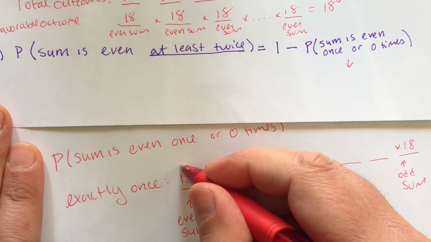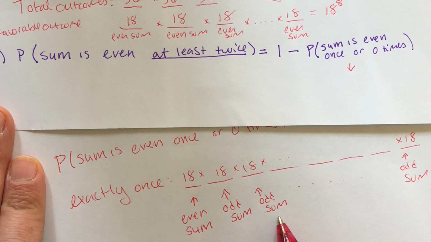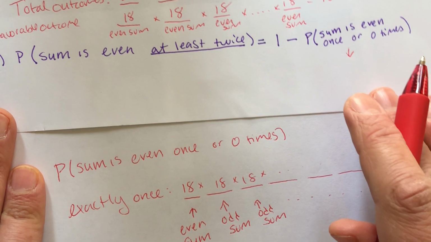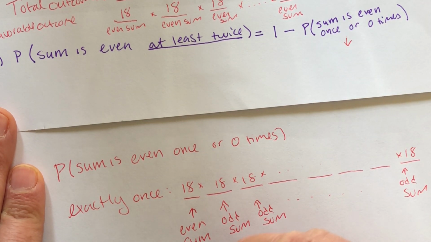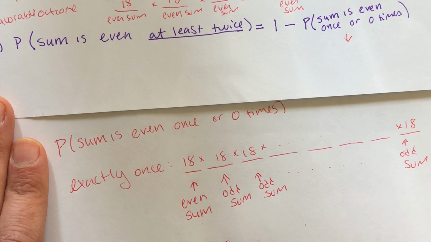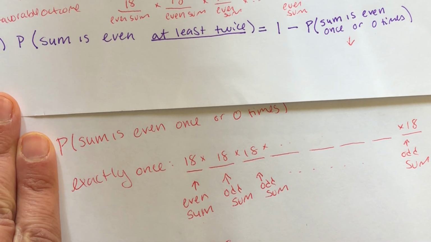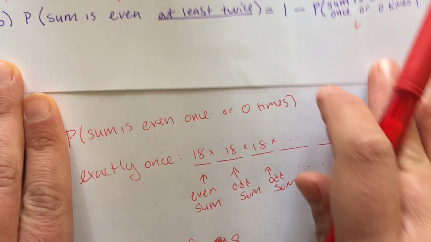So we actually need to take this 18 to the 8th and multiply it by, sorry, not 10, my bad, times 8, because there's 8 different spots where you could have chosen to put that single even sum. Okay, so there's 18 to the 8 times 8 ways to get a sum that's even exactly once.